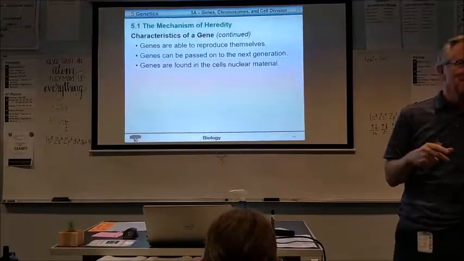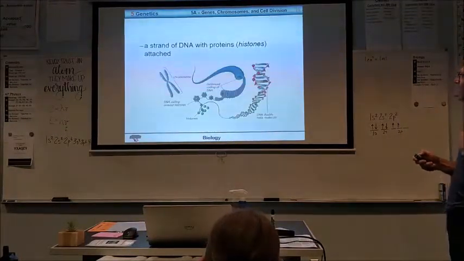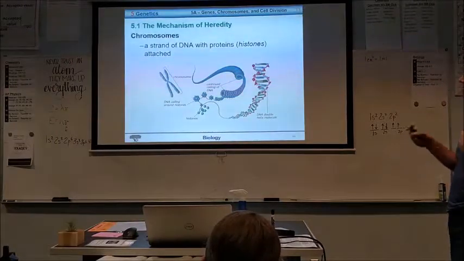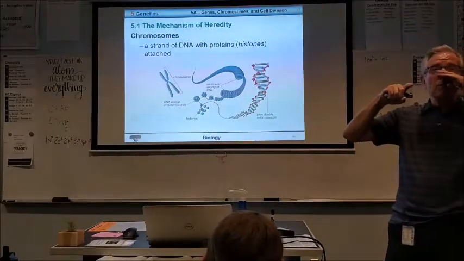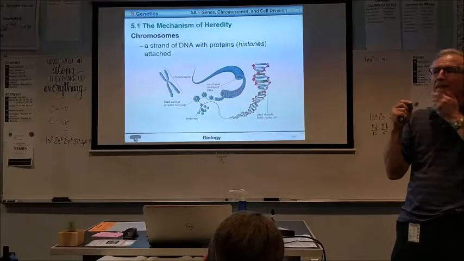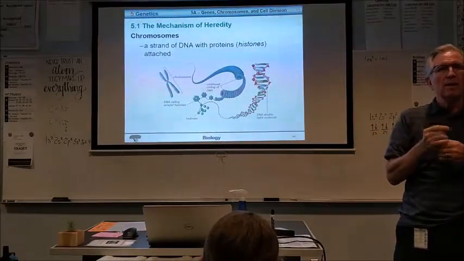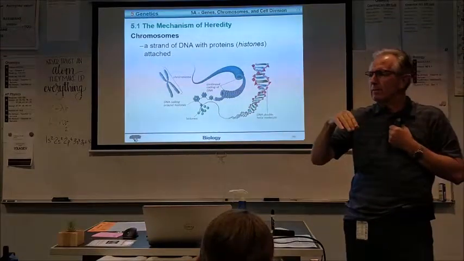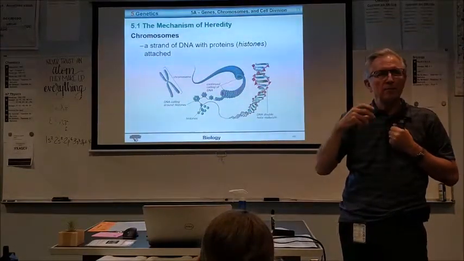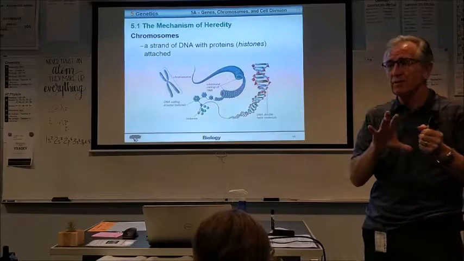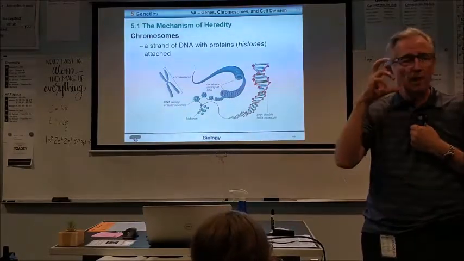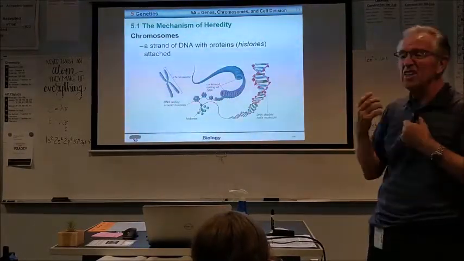Nucleus, maybe? Okay, nucleus. So, in the nucleus we have these chromosomes. Ordinarily, if we take one cell of your body and stain it so we could see the different things inside of it, we would find the nucleus, but we don't see chromosomes.